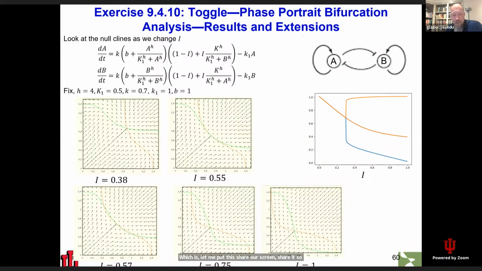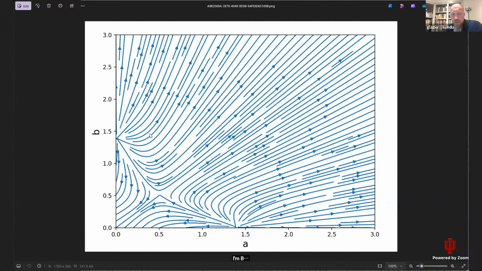Let's see, make sure I'm screen sharing the right one. B. Okay, I'm screen sharing your plot. Yeah, I can see that.